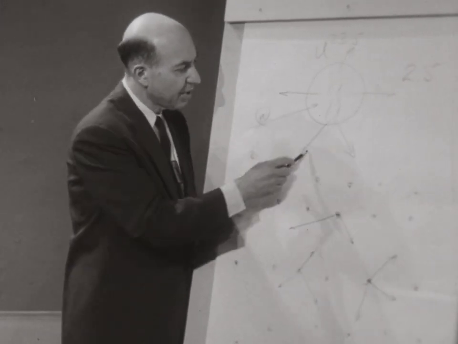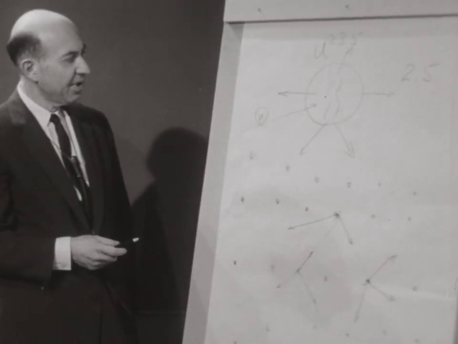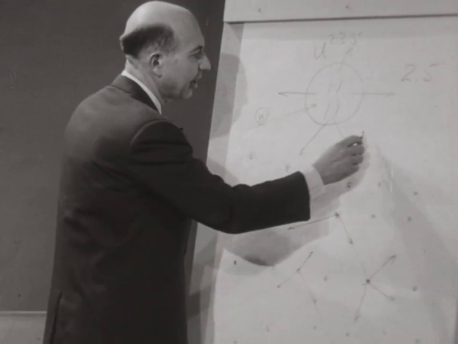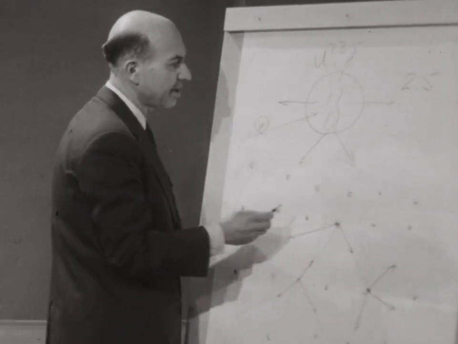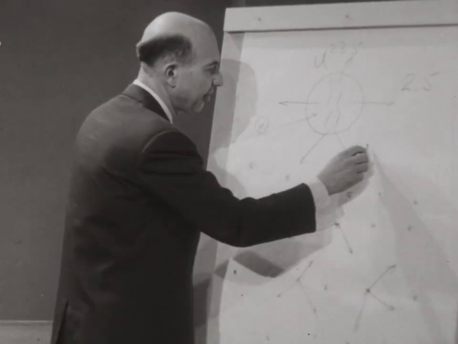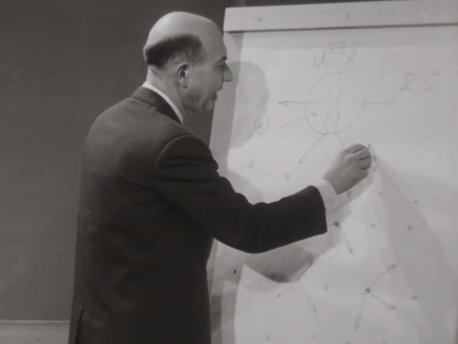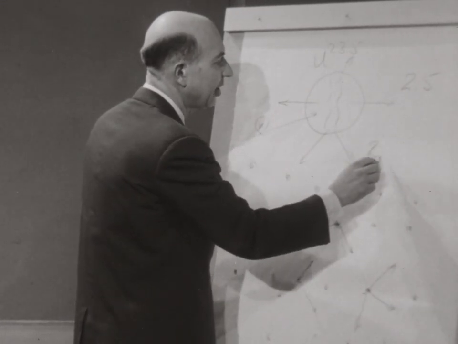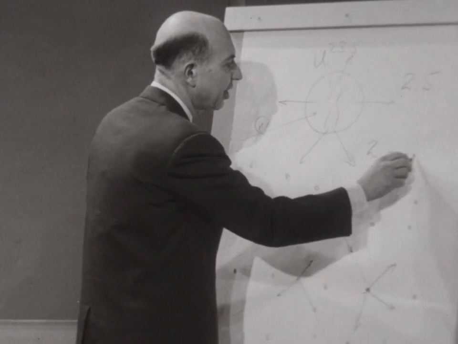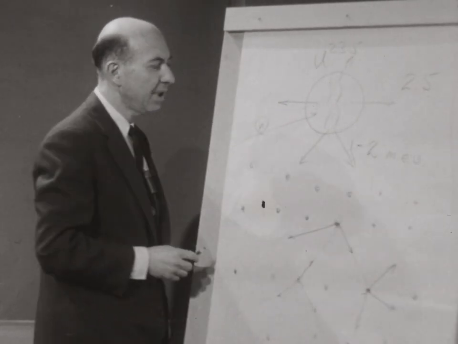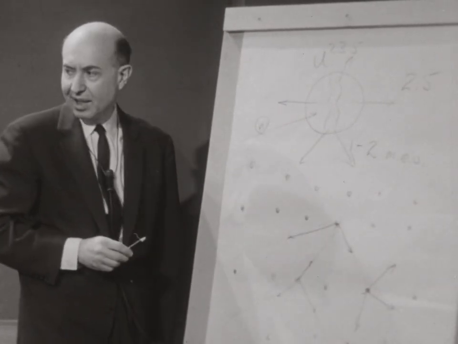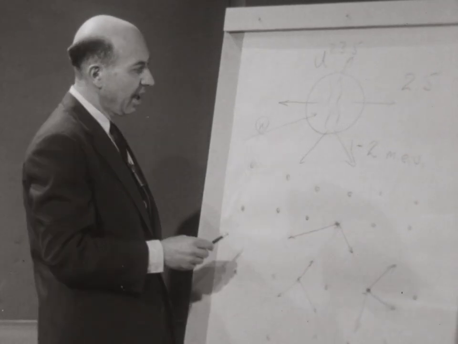The neutrons which are emitted in this fission process are quite energetic. The nuclear physicist measures the energy of the neutron in electron volts, and the neutrons which are emitted in fission have an energy between 1 and 2 million electron volts on the average.